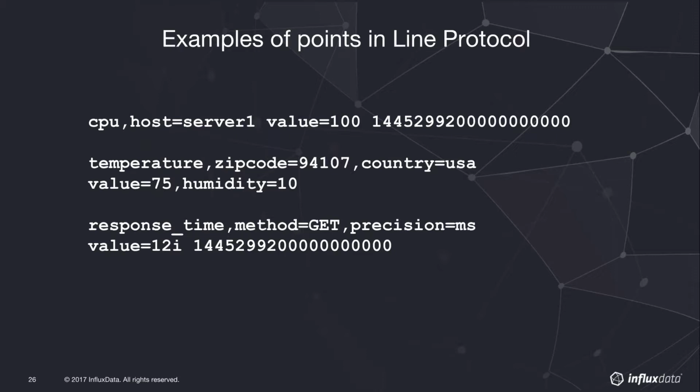Another one would be this temperature and zip code, with temperature as your measurement, and then zip code and country are both tags. And then value and humidity are fields. And again, the same kind of thing is happening with response time being your measurement, method and precision being tags, and then value being your field. And that one has a timestamp, which again is optional.